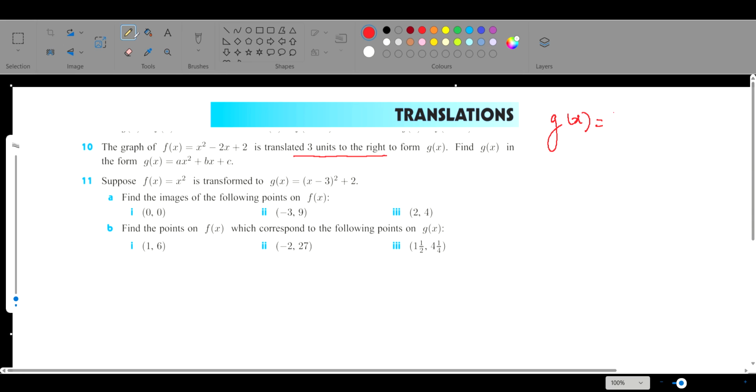It means g(x) is nothing but f what? f(x minus 3). That's how we get the g(x). Very good. So create the g(x) function.